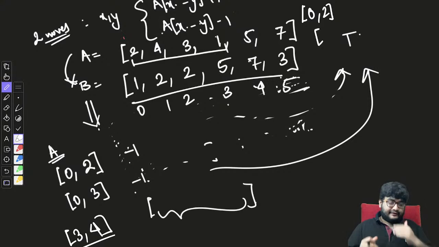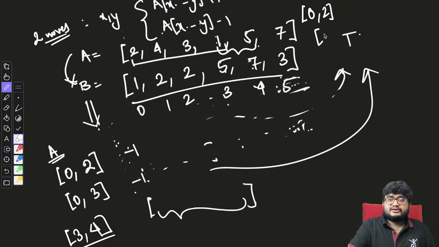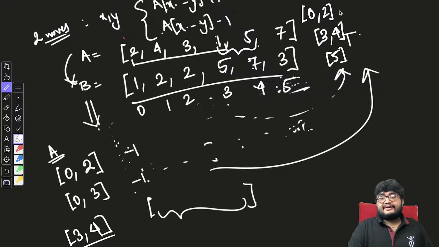Does it make sense to move index 3 and index 4 together in some direction? Yes, because they both will move in the same direction. 1 will have to increase, 5 will also have to increase. So we can choose these two together, right? 3, 4. And again, 5 will be alone. So we will not cross between them. Our moves will always be subarrays of this type. Okay, that's the conclusion. That's observation 1.